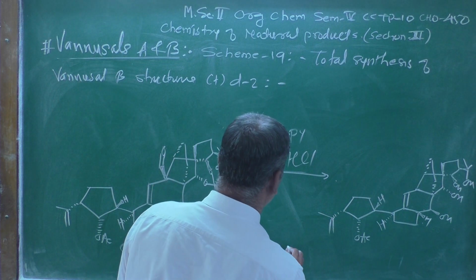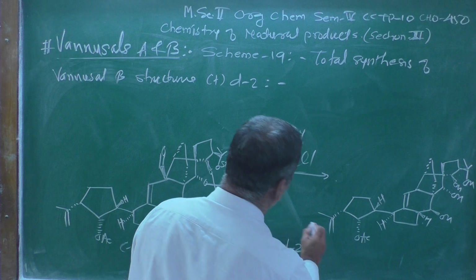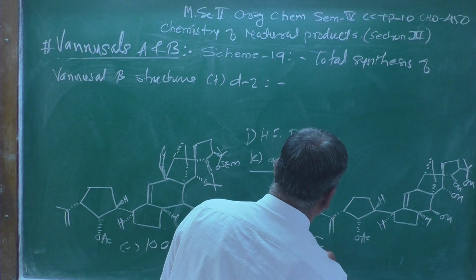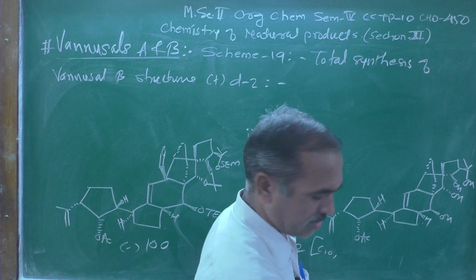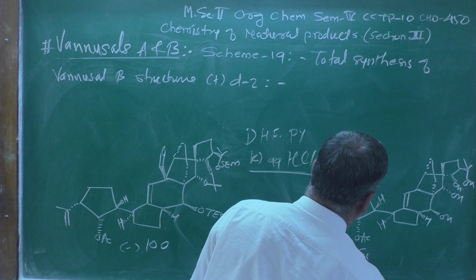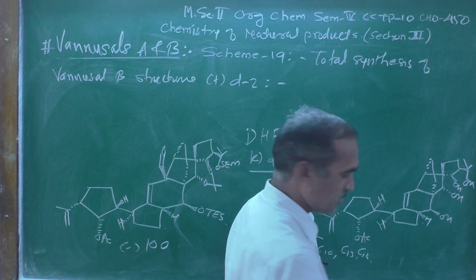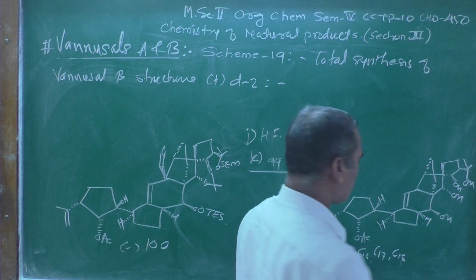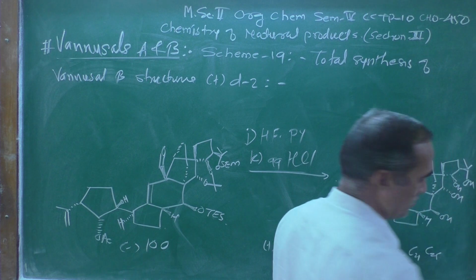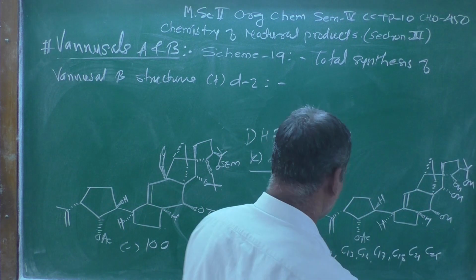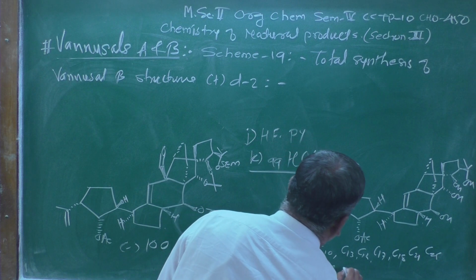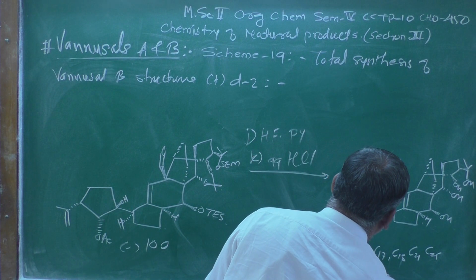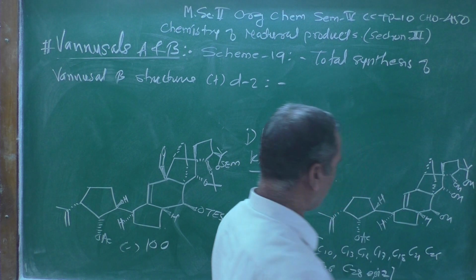This structure is nothing but the plus D2 diastereomer of 2 we got over here, and in the bracket look at C10, C13, C14, C17, C18, C21, C25, C26, C28 epimer 2, which is represented over here.